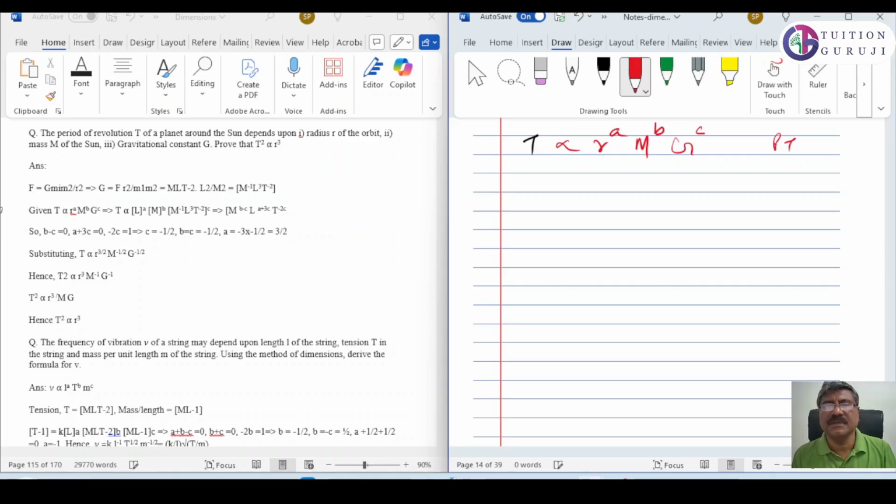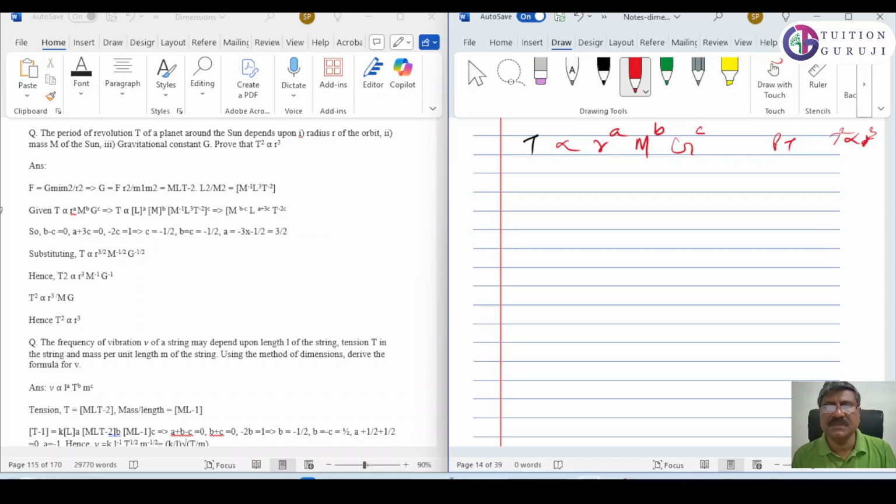Prove that t square is proportional to r cube, the cube of the radius of the orbit. So the period of revolution is t.